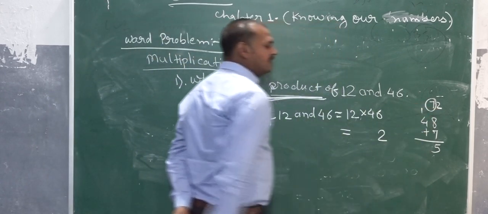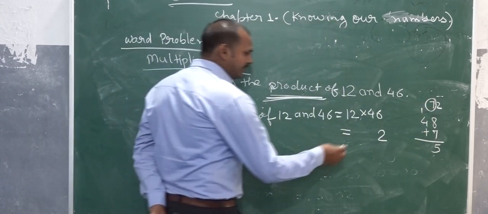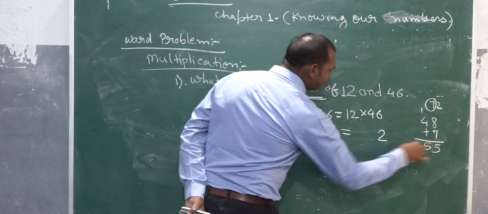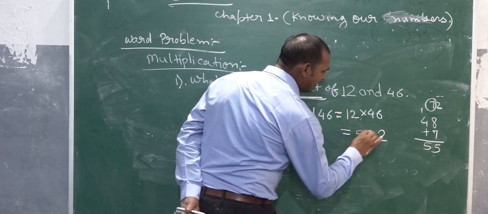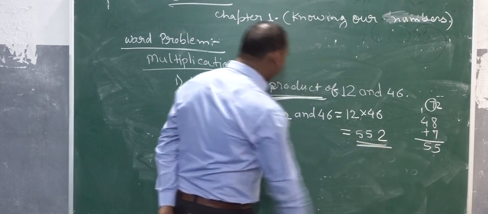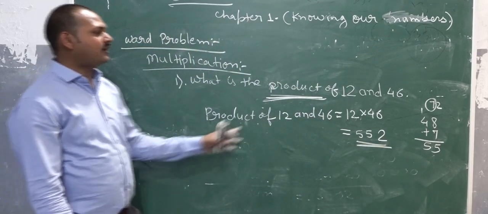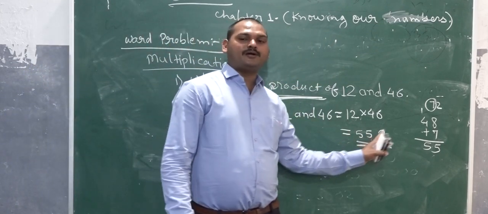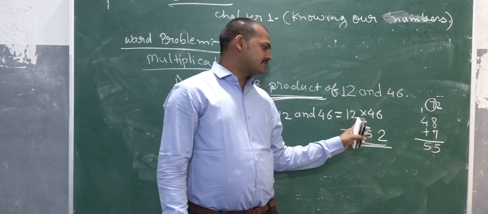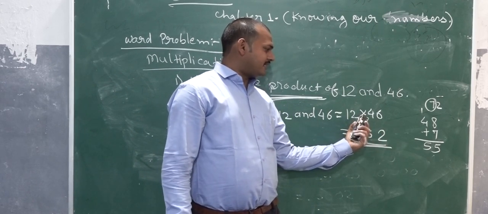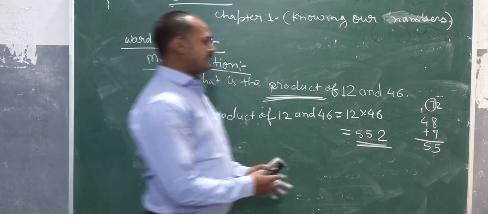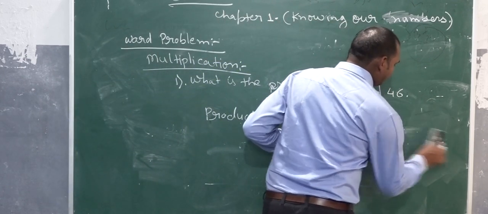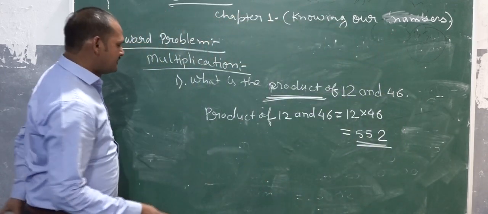Again carry 1. Then 4 plus 1 is 5. So the answer is 552. What is the product of 12 and 46? 552. This is the horizontal method of multiplication. One more way is the column method of multiplication. See here.